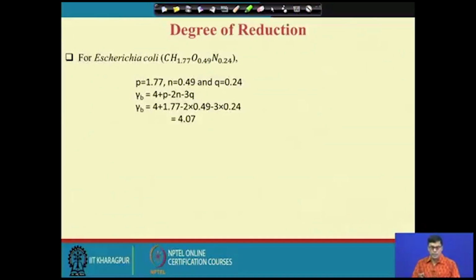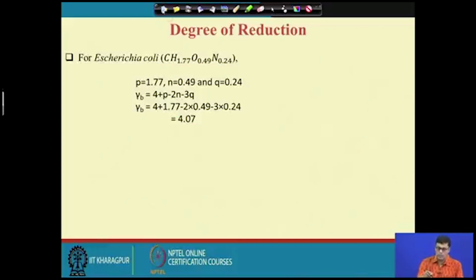Now, in the case of Escherichia coli, this is the formula that we have just found out, and what will be the free electrons? This is 4, then 1.777 into 1, then 2 into 0.49, and 3 into 0.0, so it comes to about 4.07.